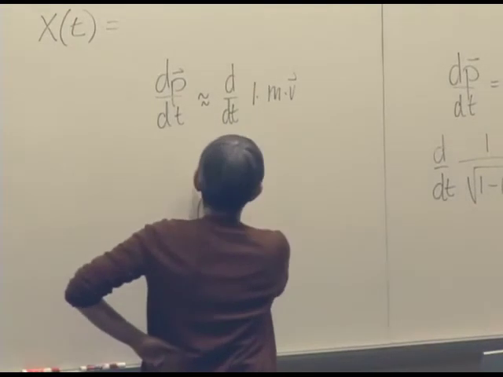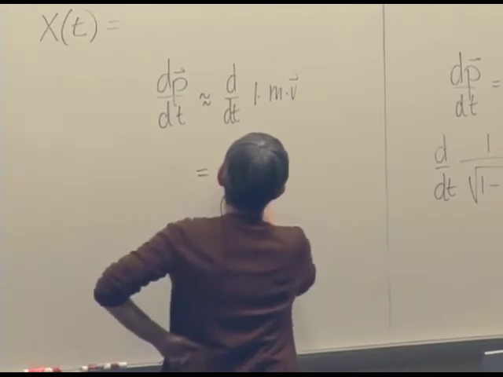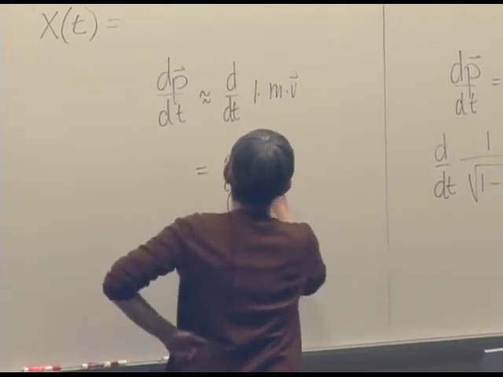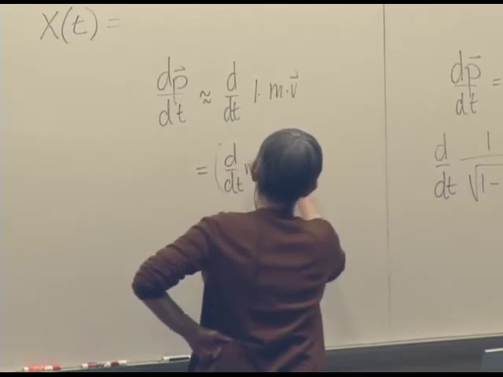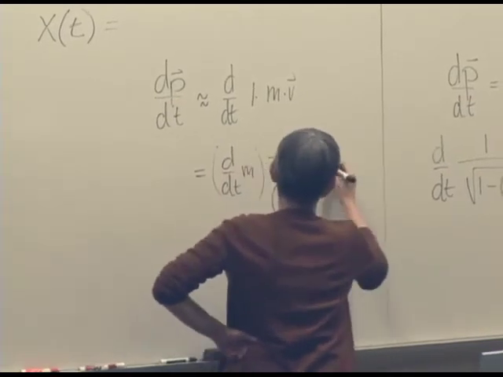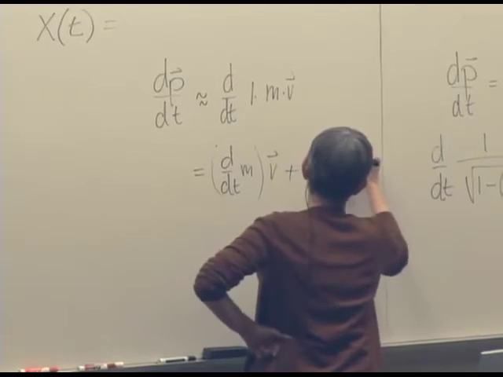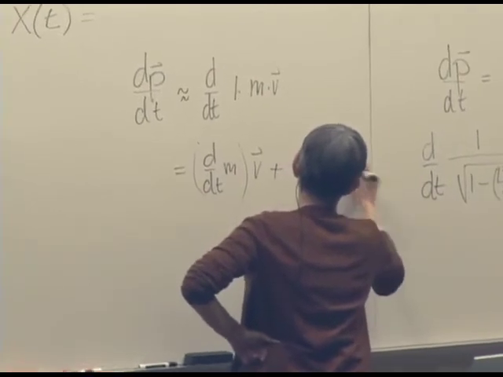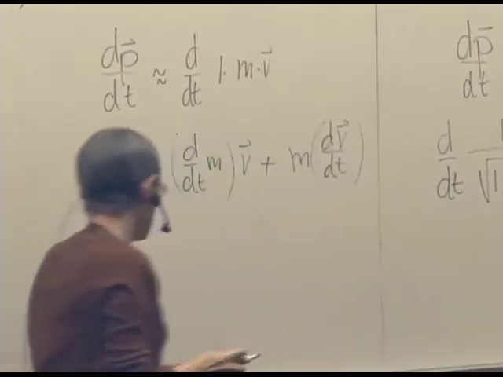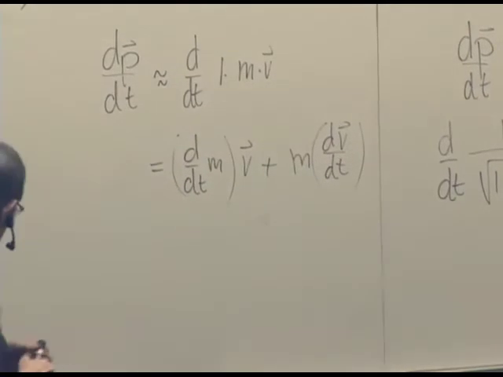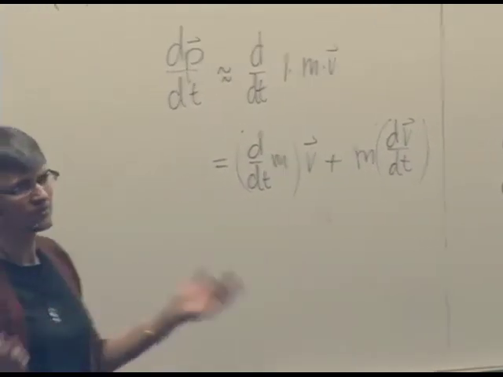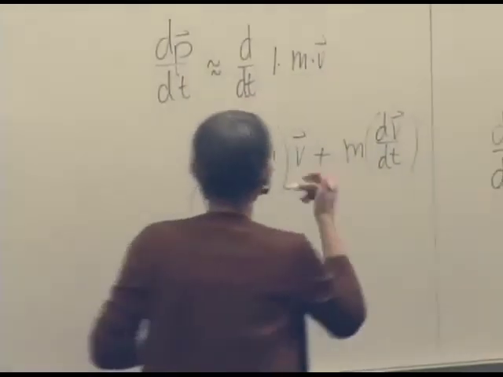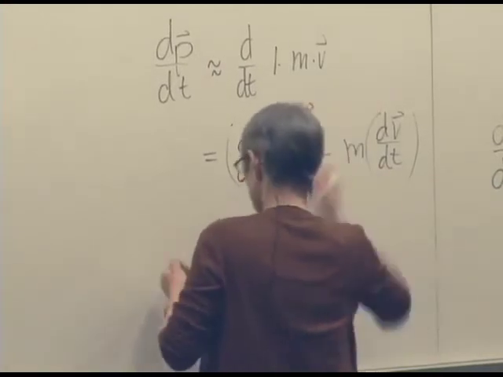And so if we work this out, of course, we get the rate of change of the mass times v plus the mass times the rate of change of velocity. And in most situations, the mass of our system isn't changing, which is convenient, so we're only going to consider situations where that's 0.